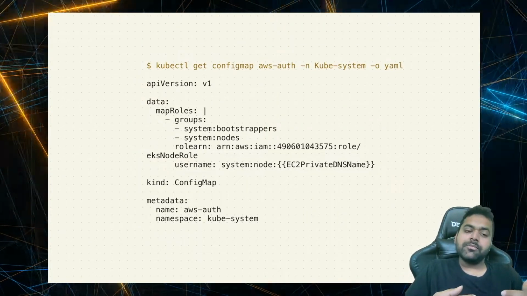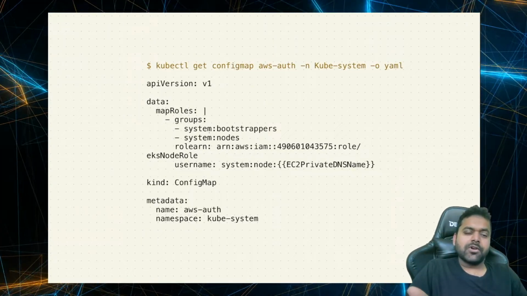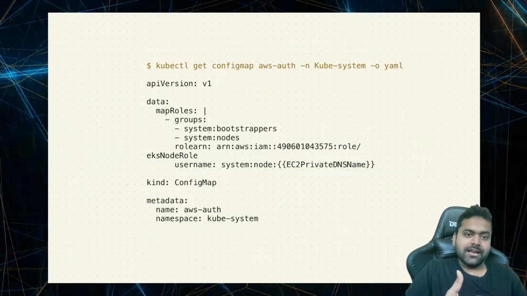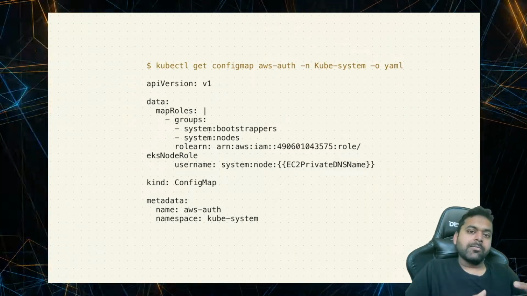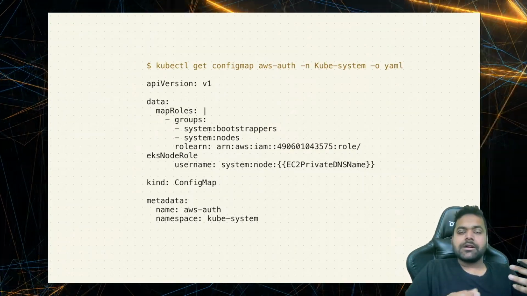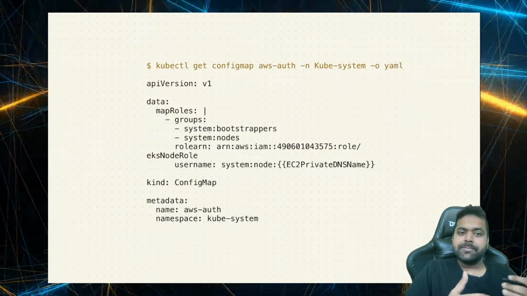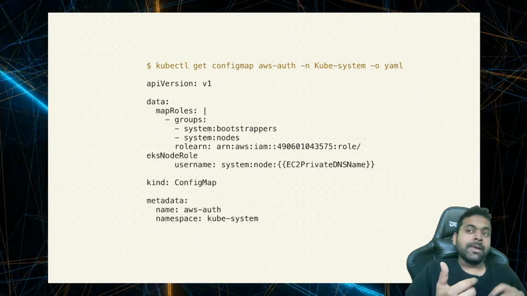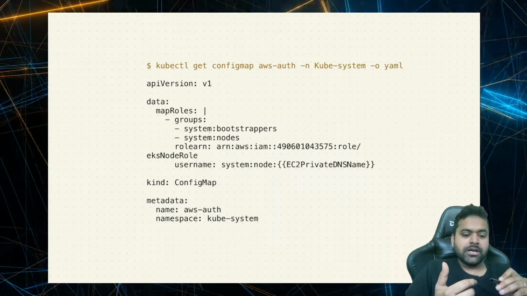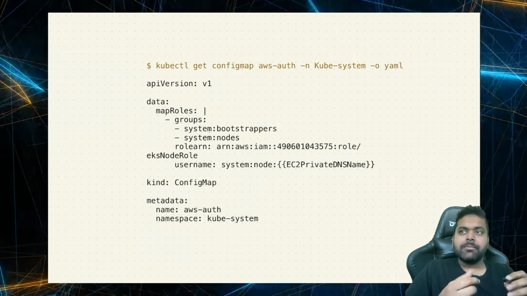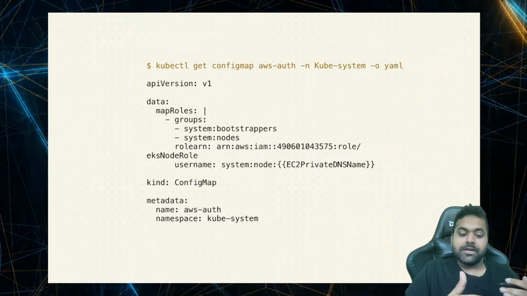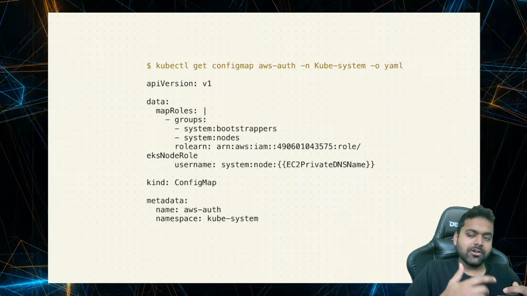Now we don't need to manually populate this config map, it's already there in the cluster. When you are in the process of creating a new cluster, and let's say you have spun up a control plane, you may not see this config map there, because when I was trying and I spun up the control plane, I couldn't see that config map.